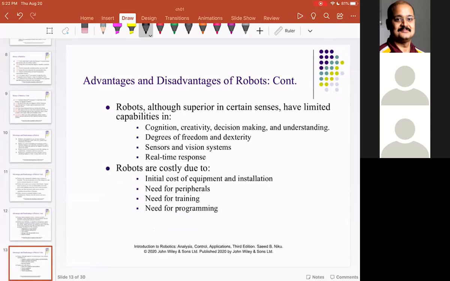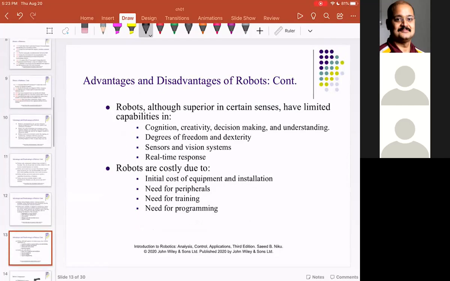Even though we add AI capabilities to robots, on a primitive level their capacity is still pretty limited. The human brain can do fabulous things that robots cannot. Robots are costly, you need to maintain them, and you need to program them, and so on.